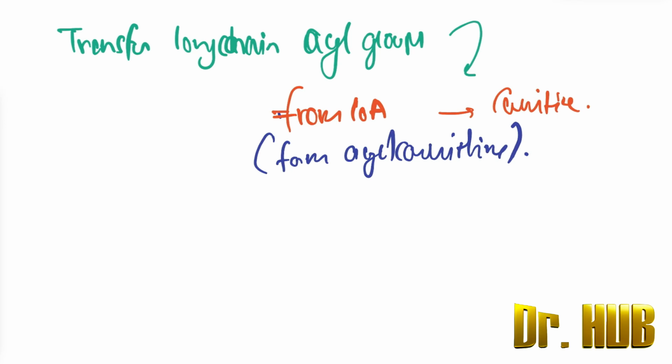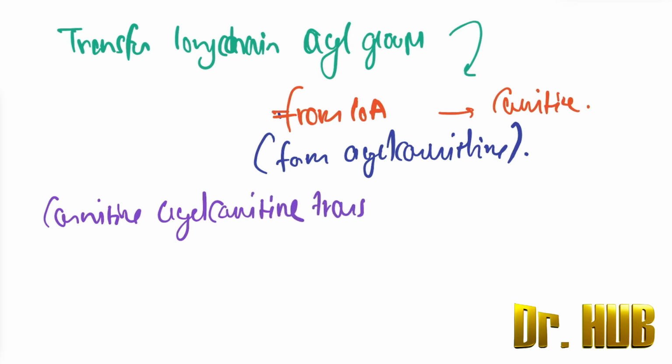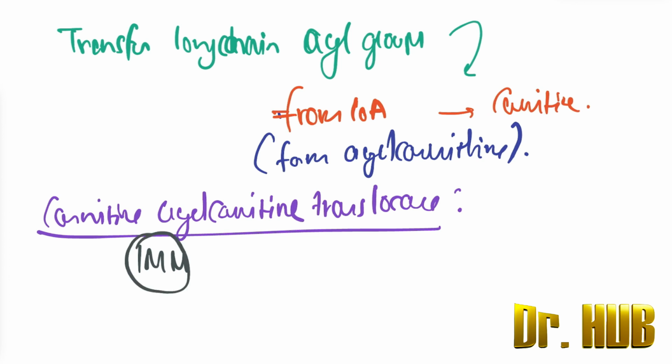Next we look at the carnitine acyl carnitine translocase. Here the site of action is the inner mitochondrial membrane. And what is the action of this?